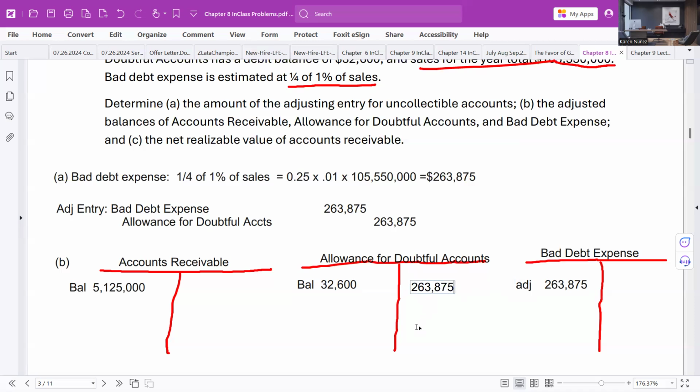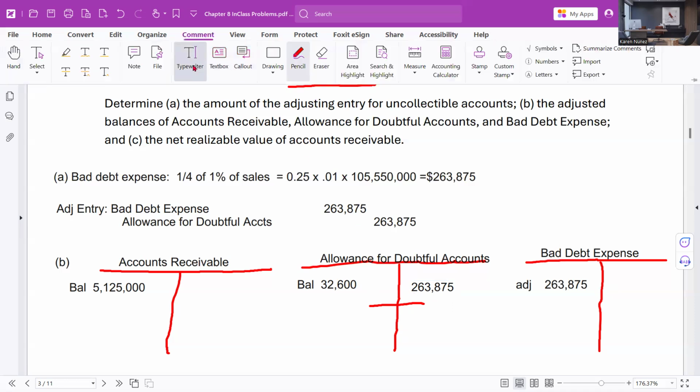In part B, the accounts receivable balance is 5,125,000. But for the other accounts, we need to net these transactions to determine the balance in the account.